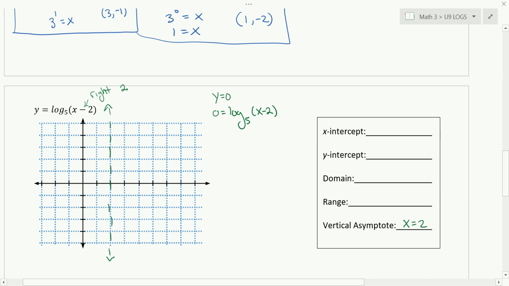So it's in and part of that logarithm. So the next step is to change it into exponential form. Anything to the power 0 is 1. And then add 2 to both sides. So we end up with an x-intercept at 3, 0.